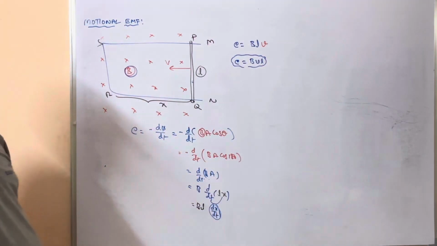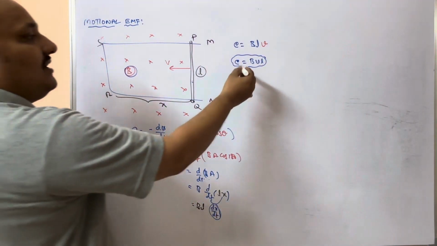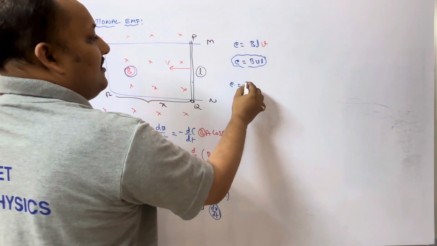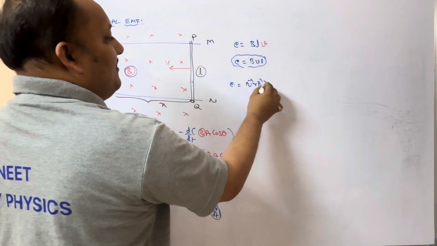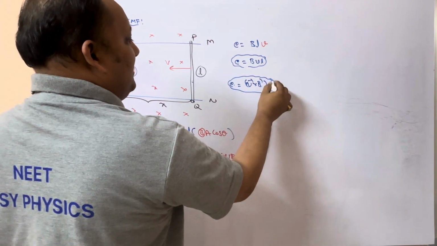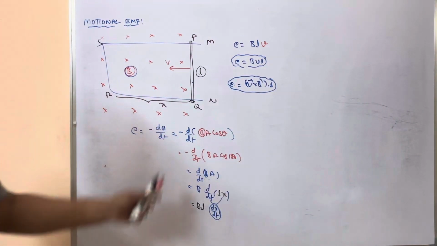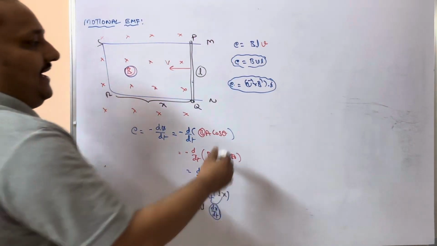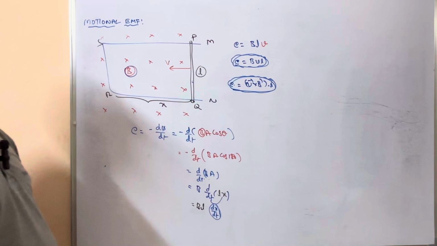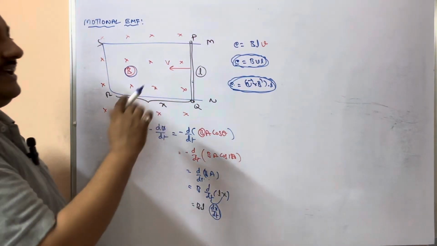This is nothing but the induced EMF. Induced EMF is a scalar. In vector notation, they write V bar cross B bar dot L bar, where L is the length in whatever direction you take. But mainly you have to remember the formula BVL, if they give the velocity.